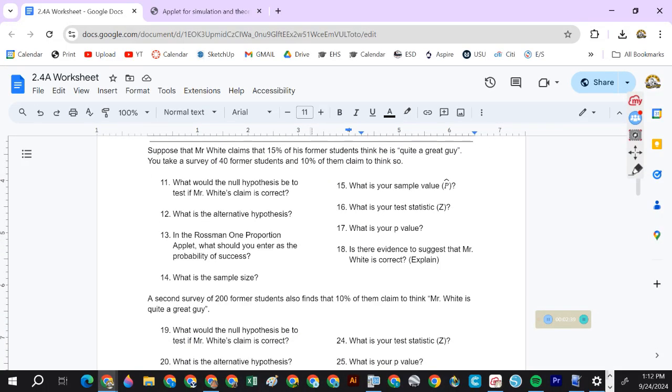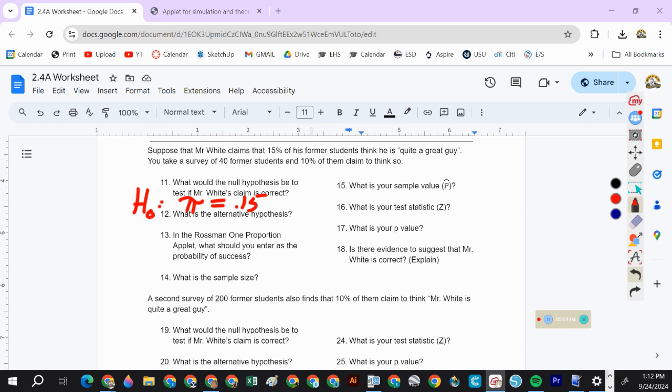Okay. So, number 11, what is the null hypothesis? H naught says that pi is equal to 0.15. Now, do we want the null hypothesis to be true?